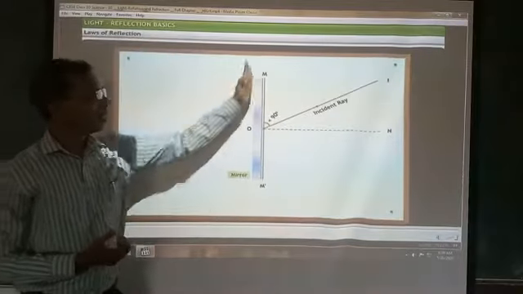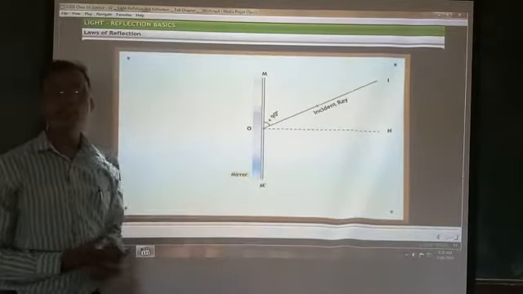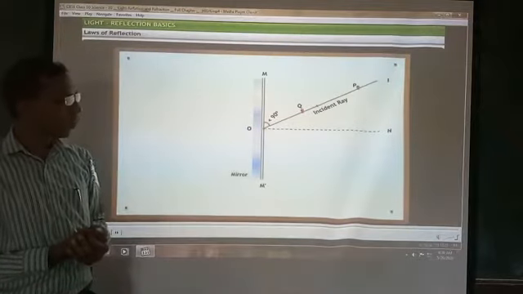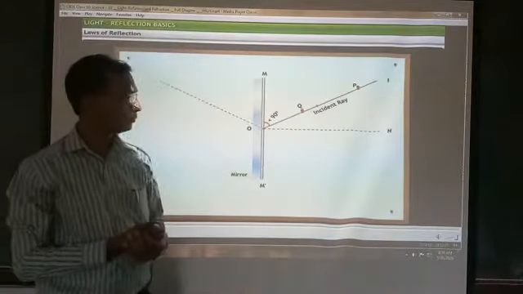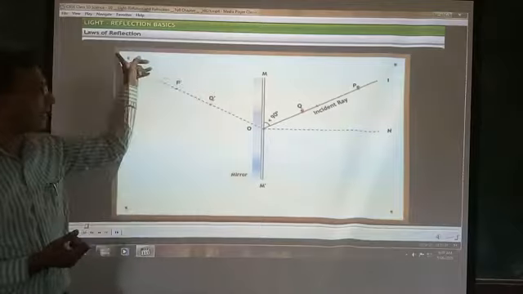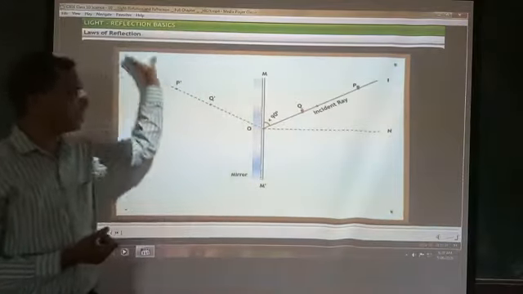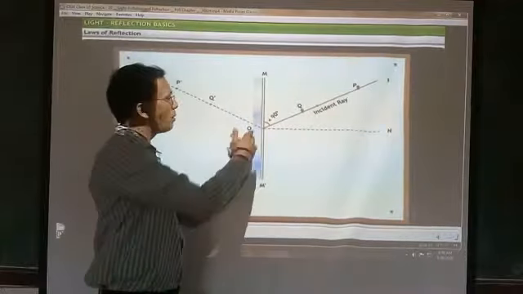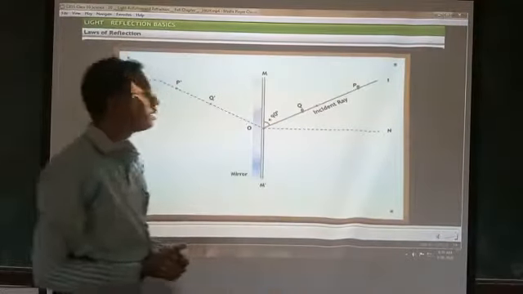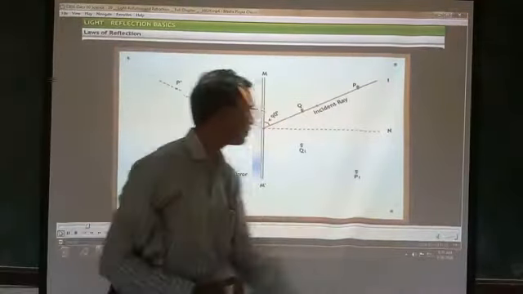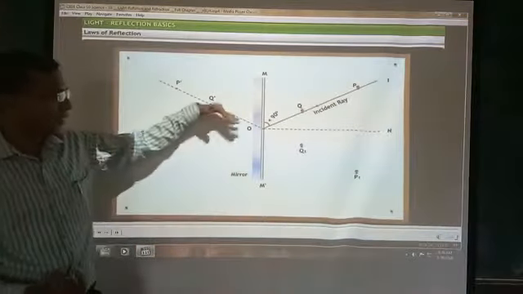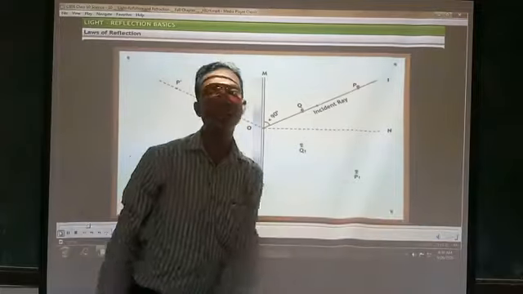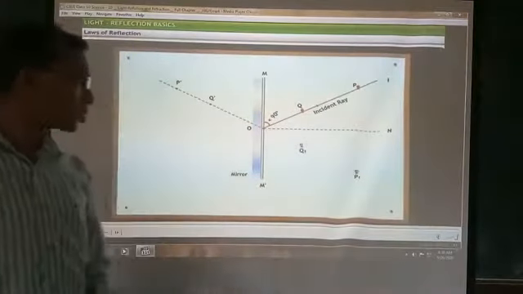Now fix the plane mirror on the MM dash line. We observe that in the plane mirror the ray will be reflected along P dash Q dash in the opposite direction. From this opposite direction, with the help of the scale, we draw another line in the same plane, at points Q1 and P1.